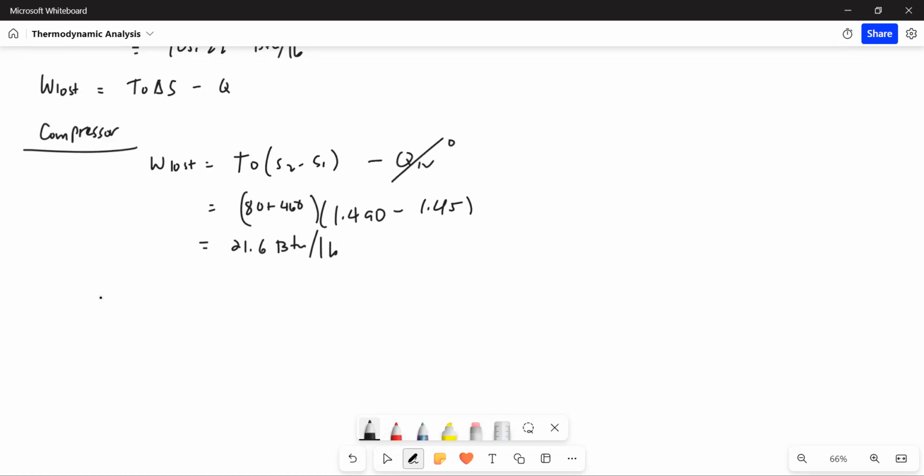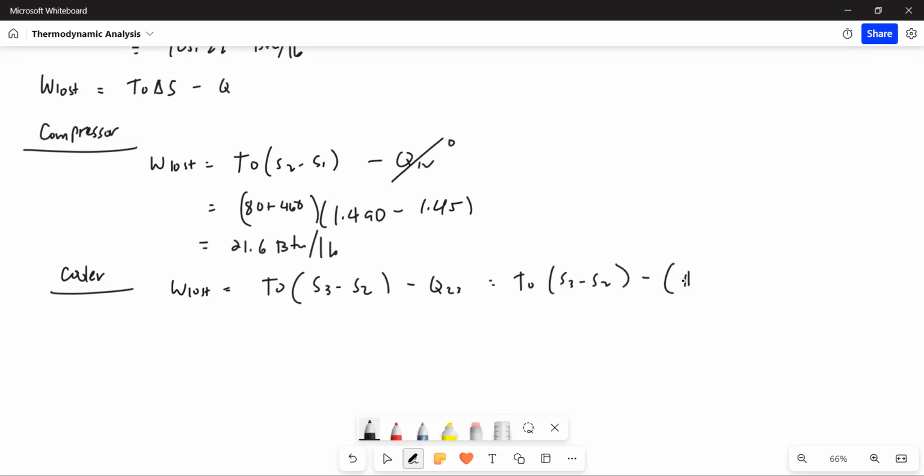Okay, and next is the cooler. The work loss for the cooler is T naught times (S3 minus S2), minus Q23. But Q23 is just H3 minus H2. So let's rewrite that, minus (H3 minus H2).